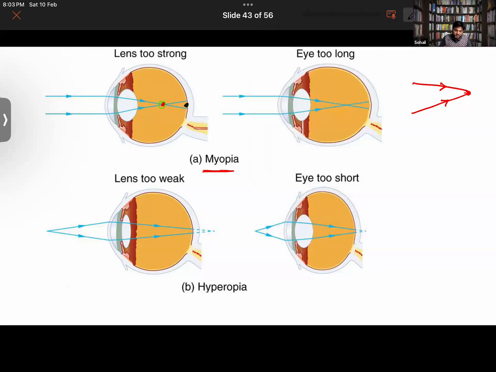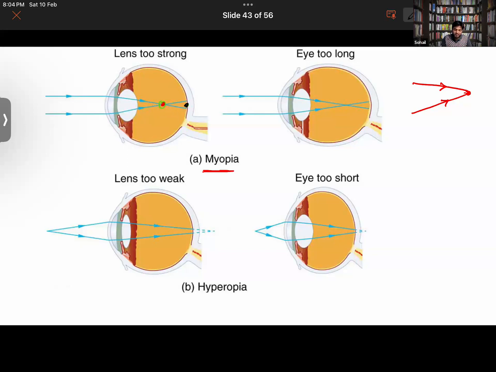Why is it? Because if you look at the thickness of the eye lens, it is thicker, no? And remember, it is contracting. Remember what I told? If the eye lens is thicker, that means the converging power will increase. So it is converging the light before the retina.